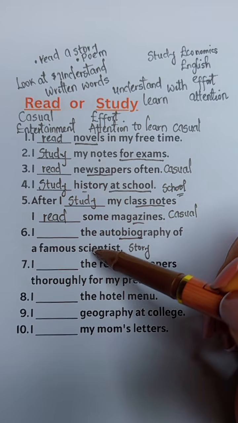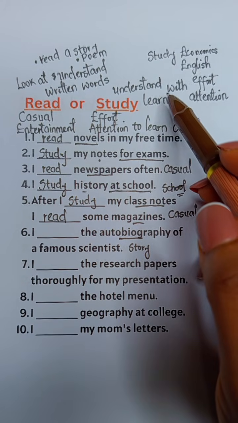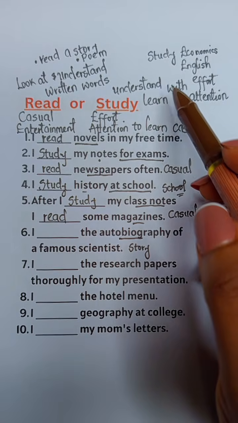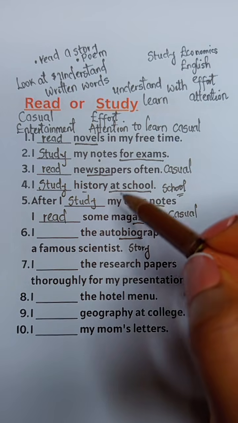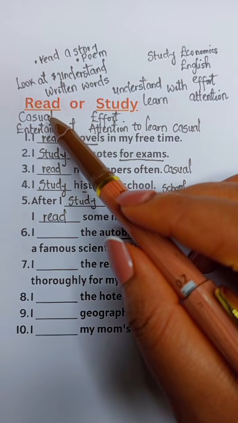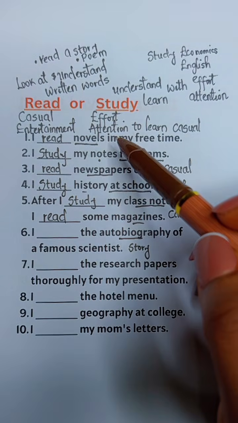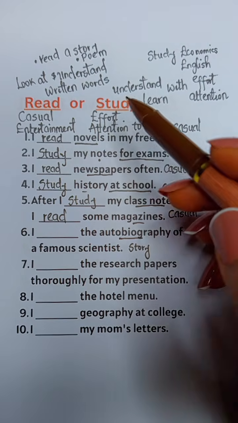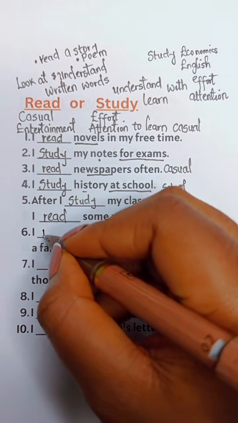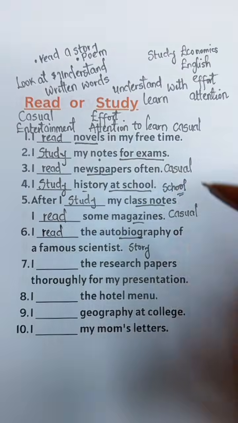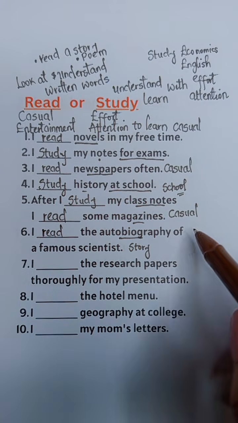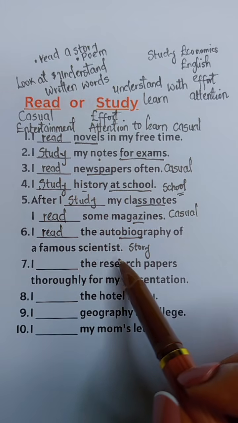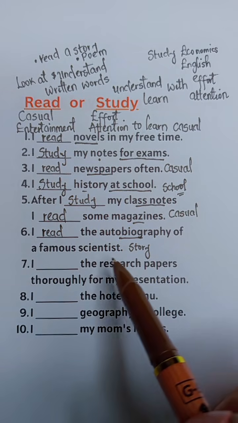We are not learning for maybe an exam or for application in life later. This is just for casual or entertainment, so we use read. I read, past tense, the autobiography of a famous scientist.